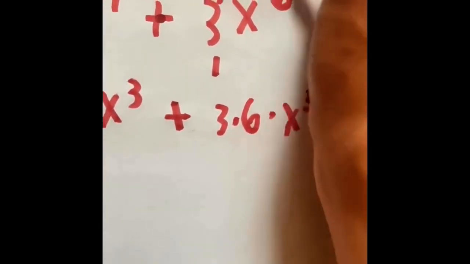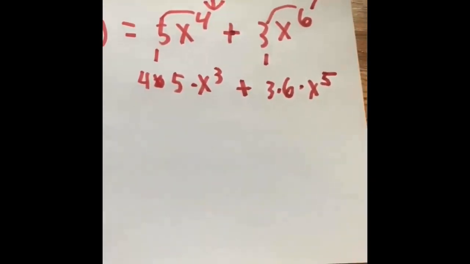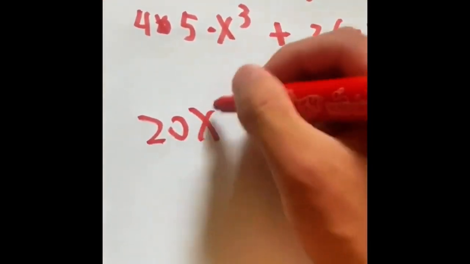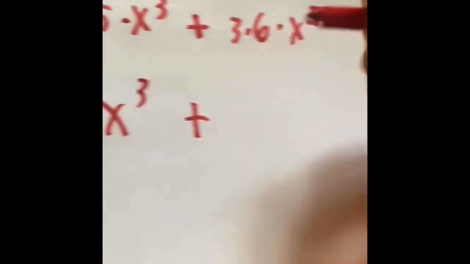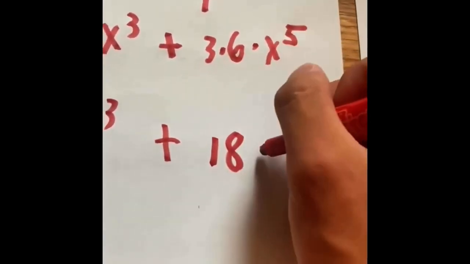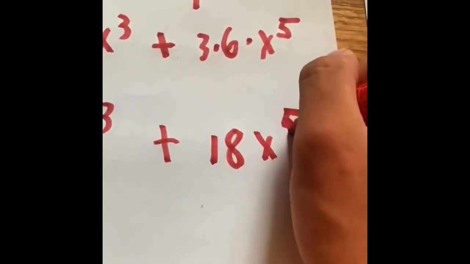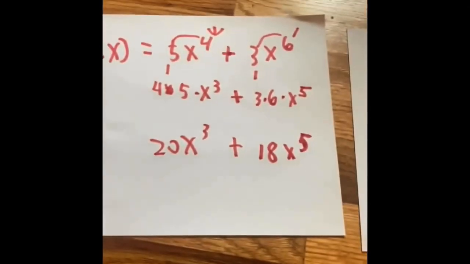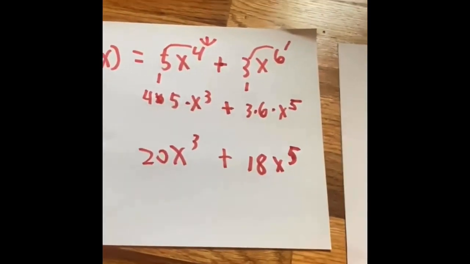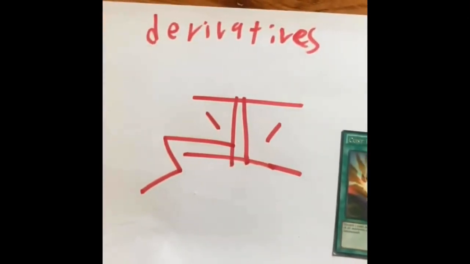Level this 6 down a bit. Now we simplify with 2 terms on the field. 4 times 5 is 20, x cubed, and we add 3 times 6 is 18, x to the power of 5. So when finding a derivative, you don't have to have just one object on the field. You can have 2 objects on the field, and that is how we can find derivatives.